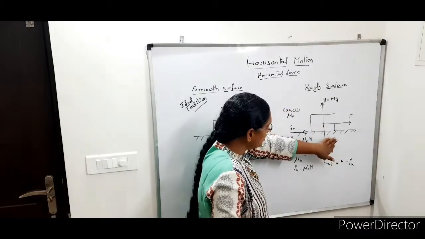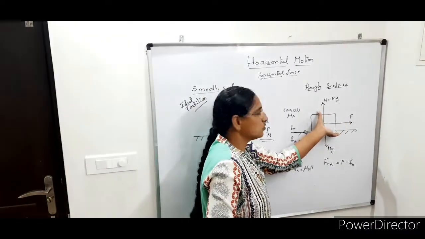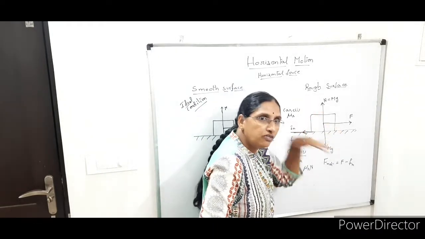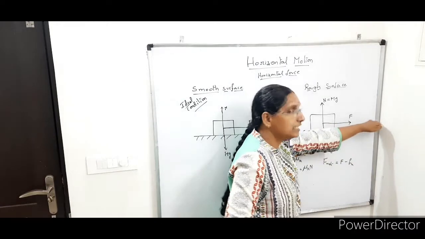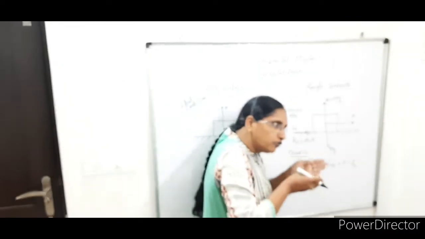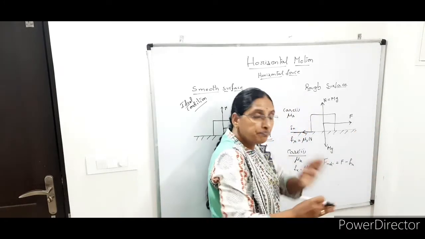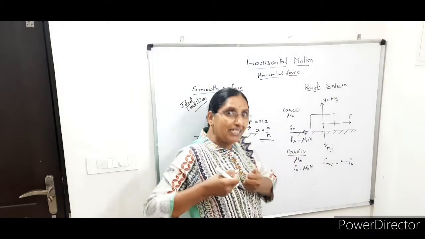Now we are not bothered about weight and normal reaction because they cancel each other. The effect of these two on this body is nothing. It's not moving vertically, it's at rest. The only forces we have to take into consideration are those in the horizontal direction. As the force is applied in this direction, the body has to move in this direction, but it is not moving because of an opposite force pulling it backwards.